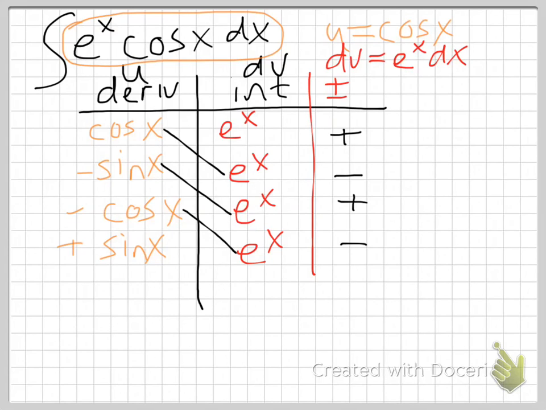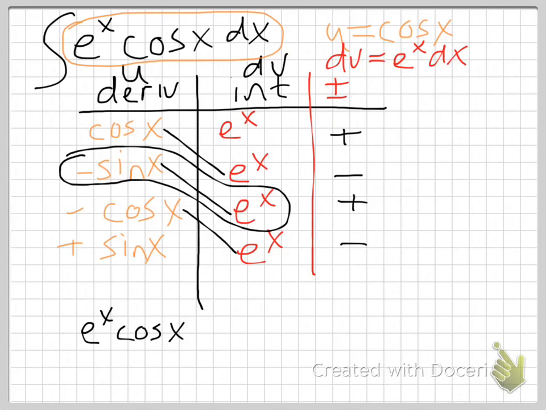But if we build this, let me show you here. We have e to the x cosine of x, and then in the second entry we have these two terms being combined together, which would be minus minus. So we have minus minus, which is a positive, e to the x sine of x.